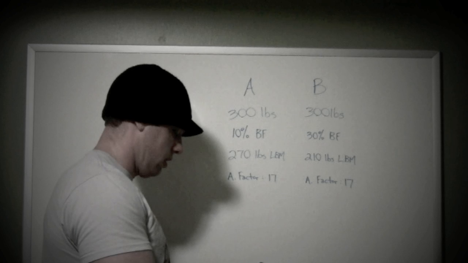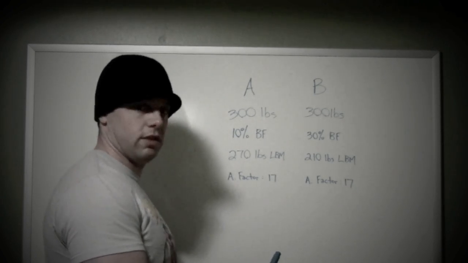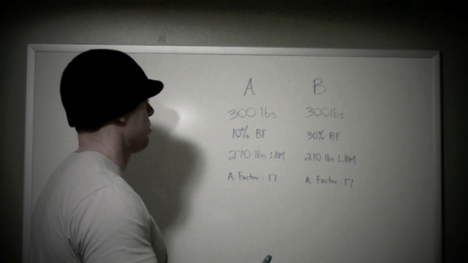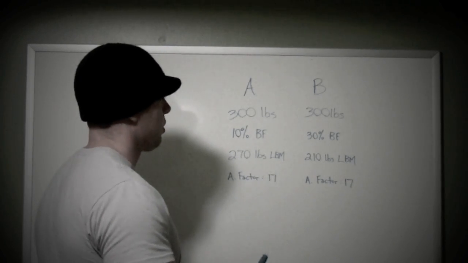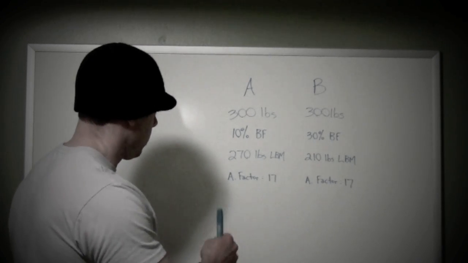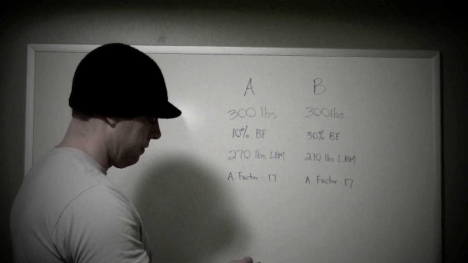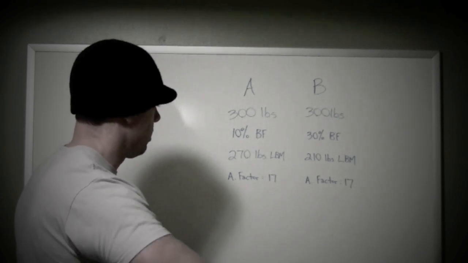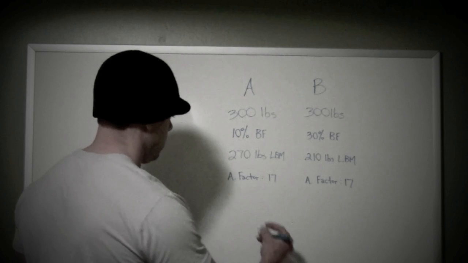So we've got 270, which is just a boatload of lean body mass. I mean, this is like Mr. Olympia we're talking about here. Why I went with 300 pounds, don't ask me. That's a big guy. And 270 pounds times 17 is going to actually equal 4,600 calories, roughly.